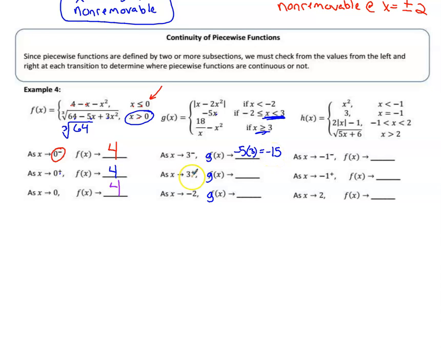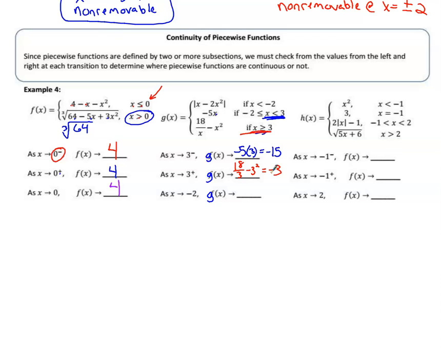From the right, when it has a little plus in the exponent, that means numbers bigger than 3. So that's this bottom row here. Plugging in 3 on that one, 18 over 3 minus 3 squared is 6 minus 9, which is negative 3. So overall, there's not a value as x approaches 3.